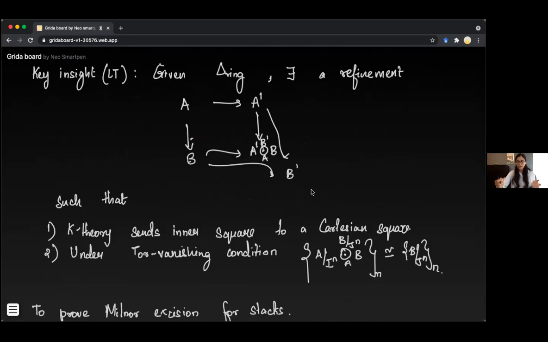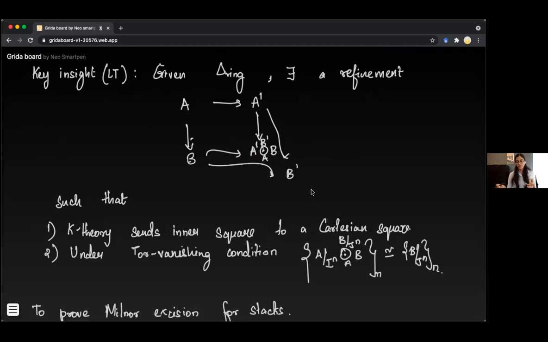And unfortunately, there's no way of directly adapting this result of Land-Tamme to the equivariant setting. If you started off with a square A prime, B prime, where everything has G-actions, and you constructed this O-dot construction, there is no natural way of putting a linearly reductive group action on this construction such that you can import the whole problem to the equivariant world.